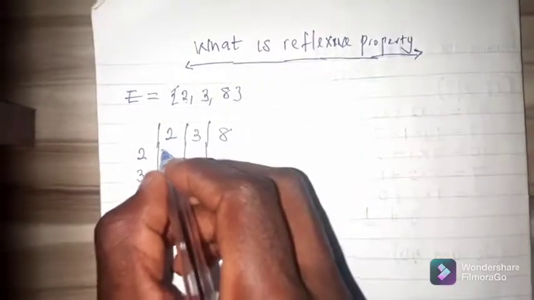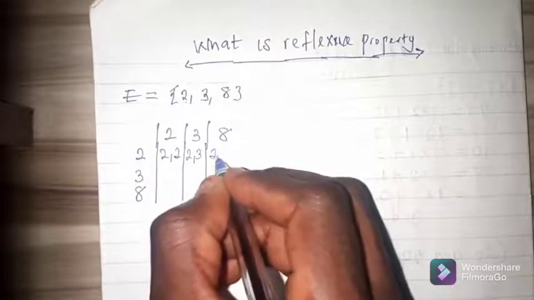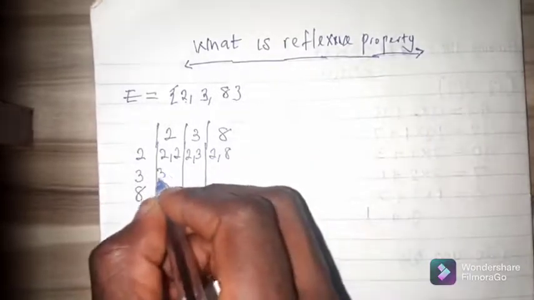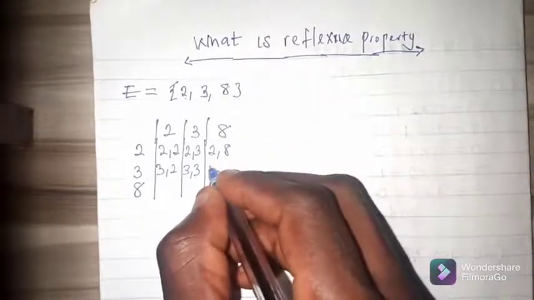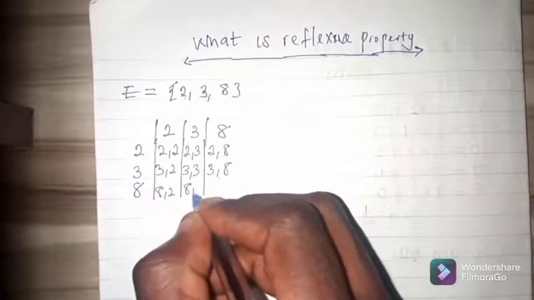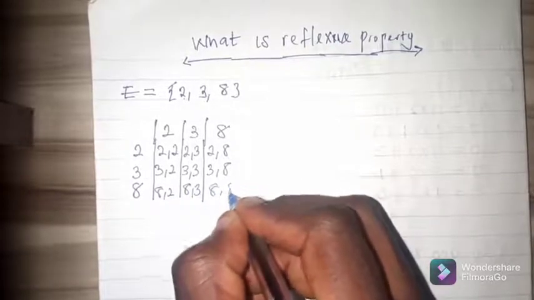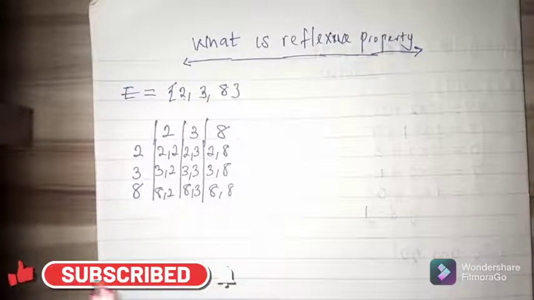So from here: 2,2; 2,3; 2,8; 3,2; 3,3; 3,8; 8,2; 8,3; 8,8. These are the relations that we can have on the set E.